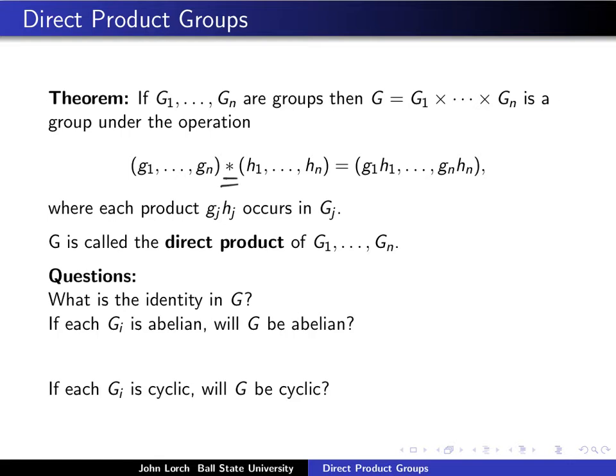So the new n-tuple is g1h1 through gnhn, where each one of these products is computed in the appropriate group.